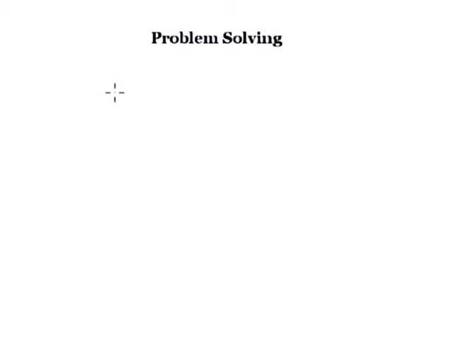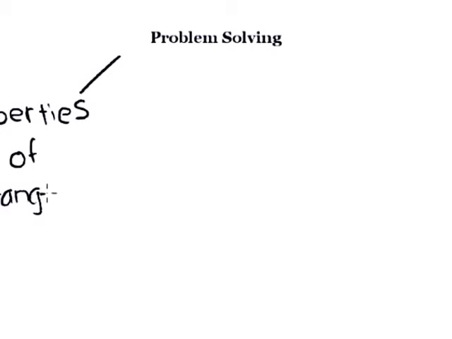Moving forward, we'll be looking at problem solving. Problem solving in circles will involve three ways. The first one would be the properties of tangents, which we have looked at earlier, and Pythagoras theorem.